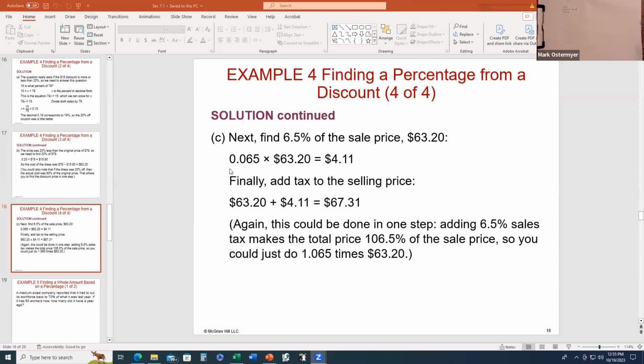We have 0.065, and then we multiply by $63.20. And we discover that they're going to assess us an extra $4.11 for sales tax. So the price we pay at the register is the sale price, which is $63.20, plus the sales tax, which is $4.11. We'll pay $67.31.